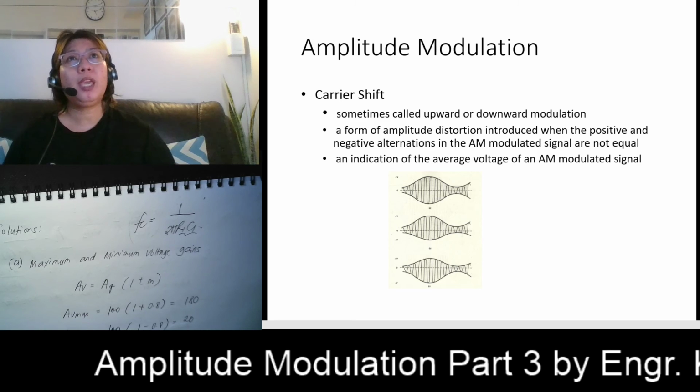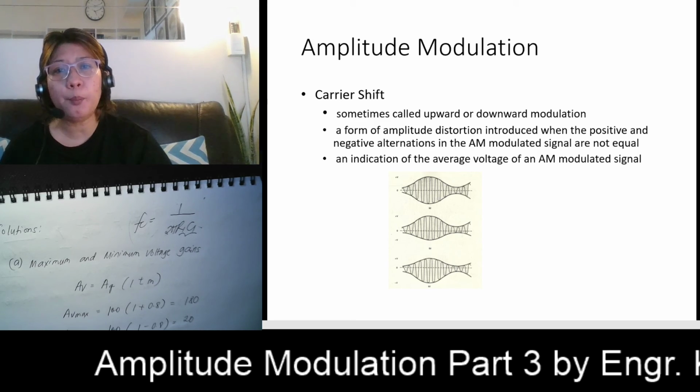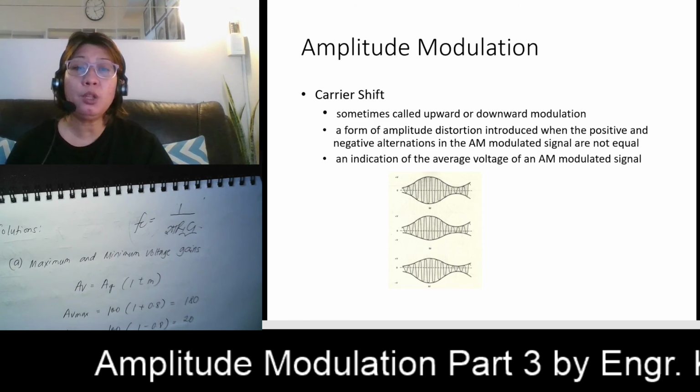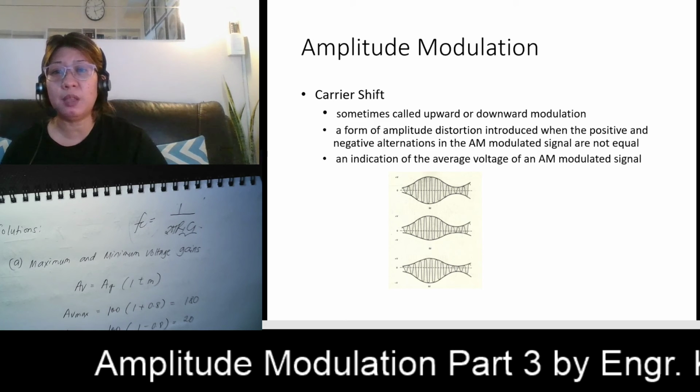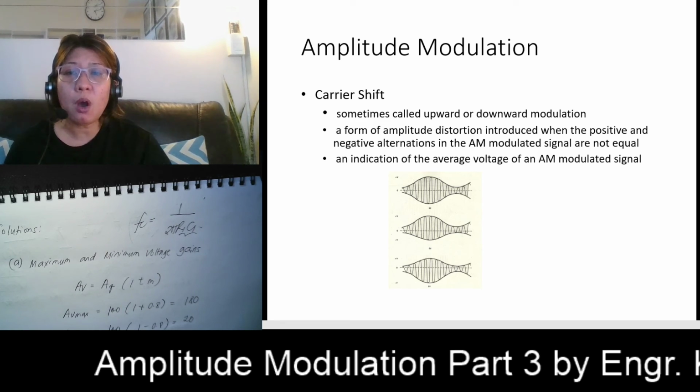Carrier shift is sometimes called upward or downward modulation. This is a form of amplitude distortion introduced when the positive and negative alternations in an AM modulated signal are not equal. This is an indication of the average voltage of an AM modulated signal.